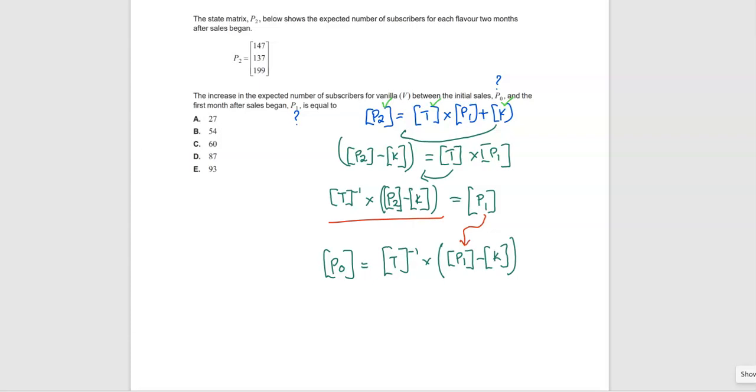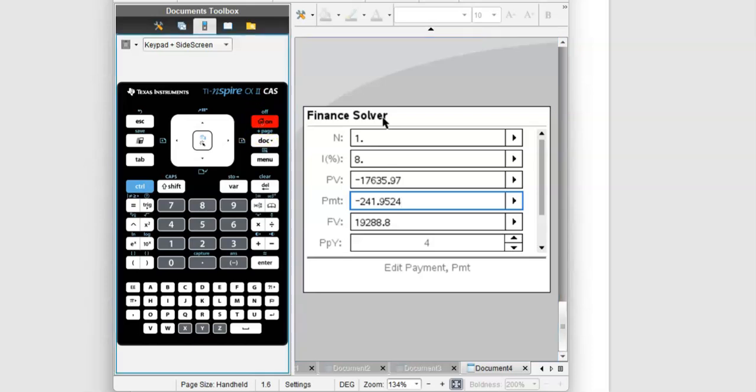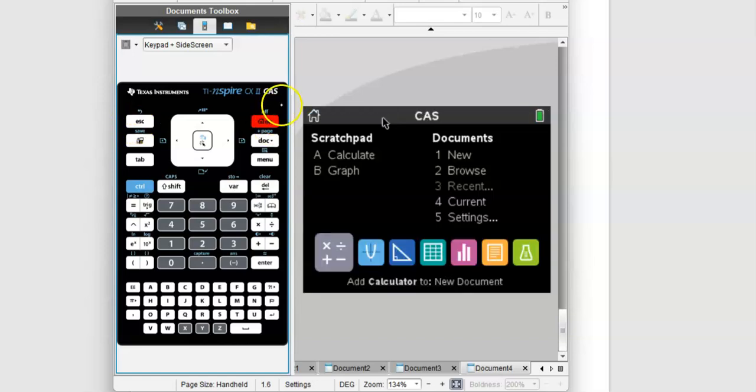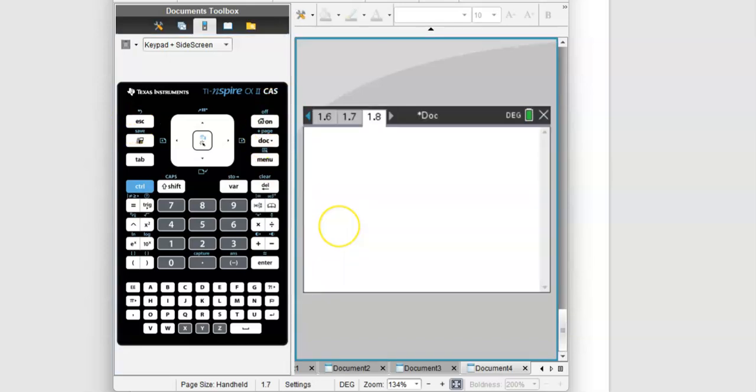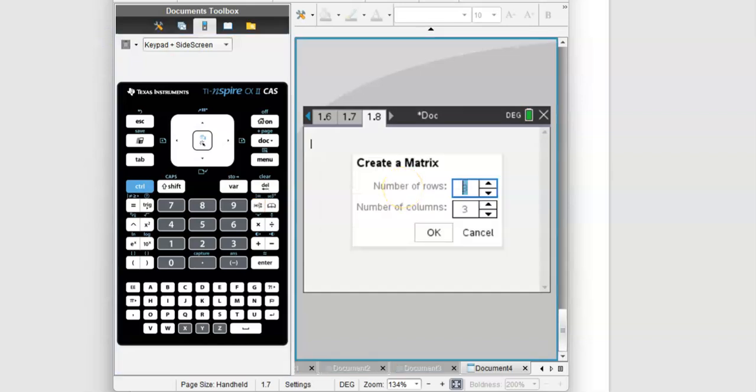Then we'll have P1 and P0. So I'm going to do it here on our calc, on a normal page.